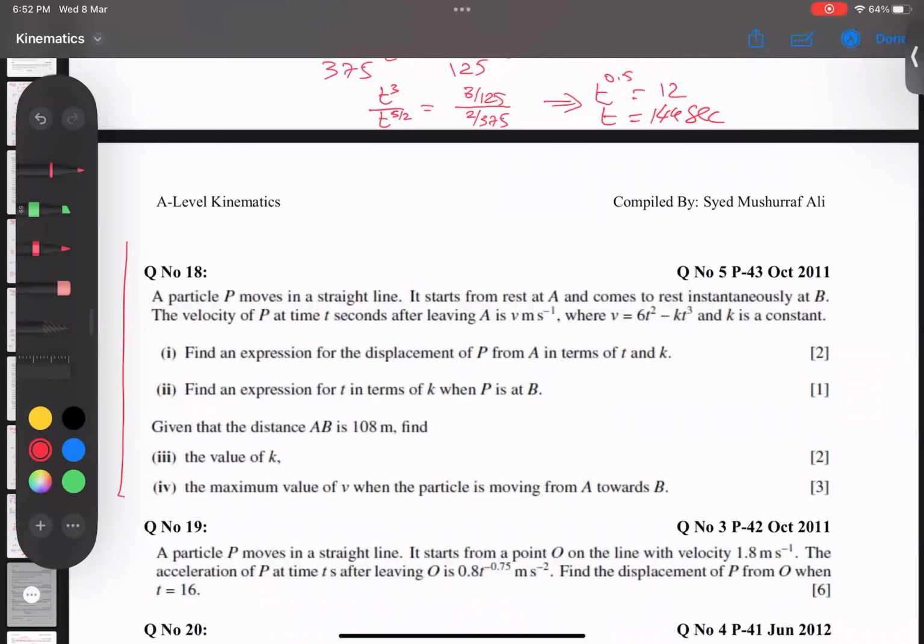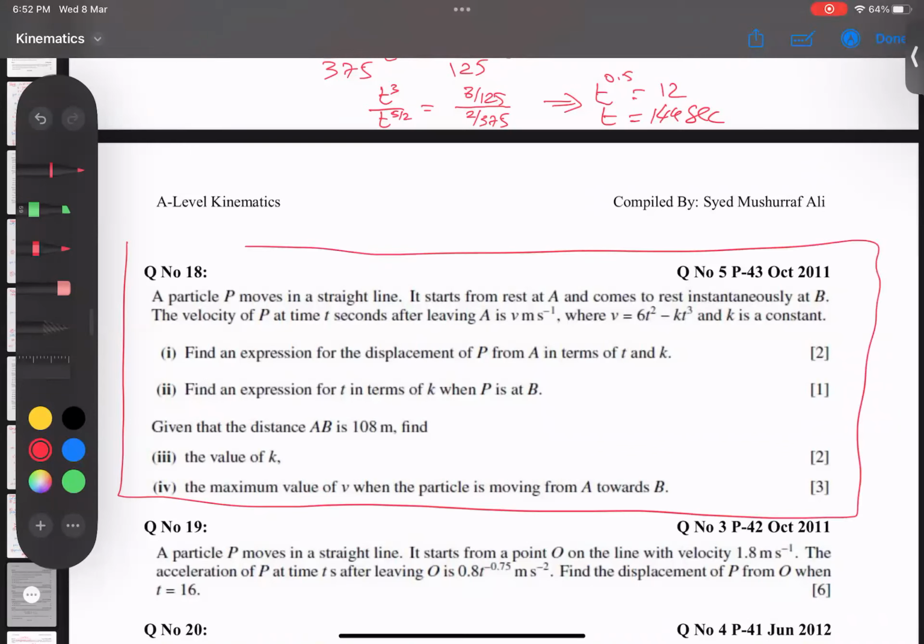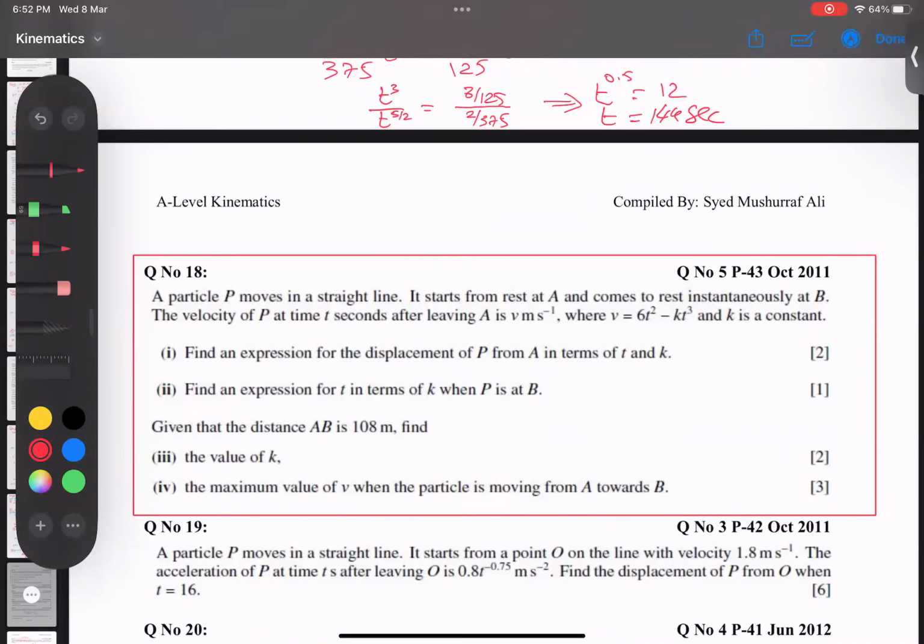So you should now try this question. Very good question, October 2011, variant 43. Try please. In this question, the most important point, I think, is the displacement expression. I think it's easy. You have to integrate velocity. And then he's saying, at B, find the expression of T in terms of k.